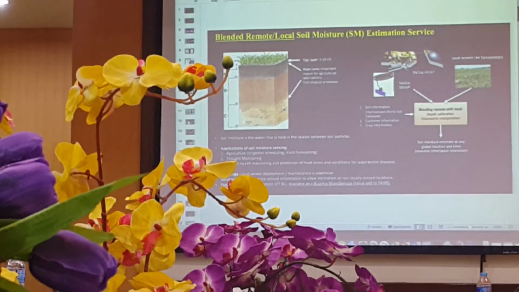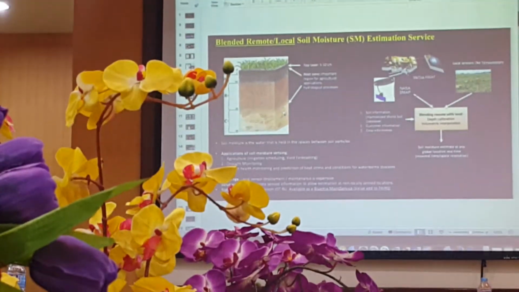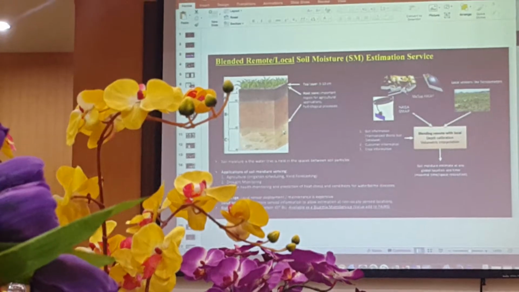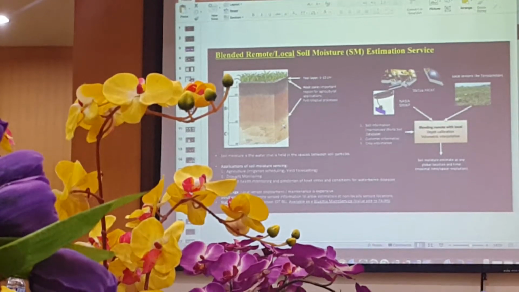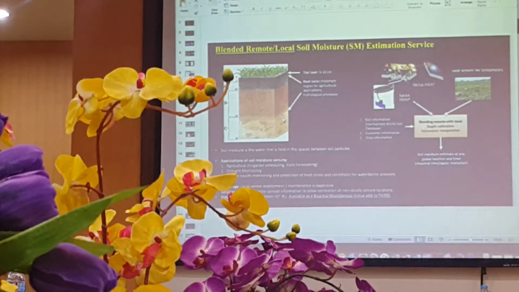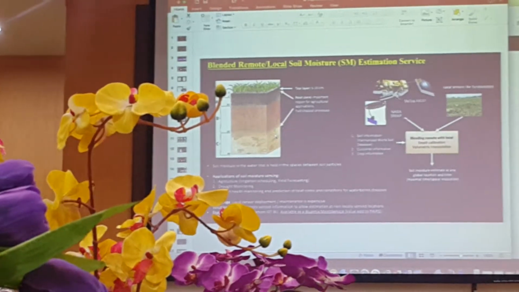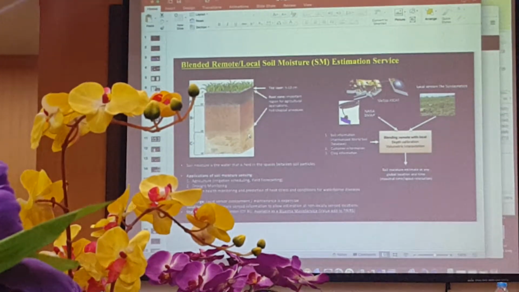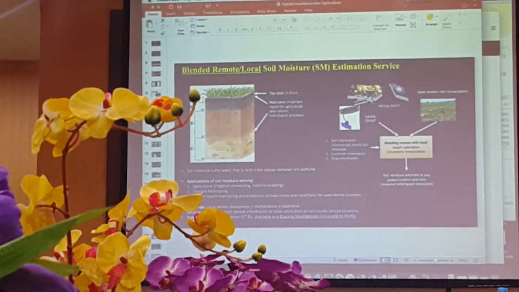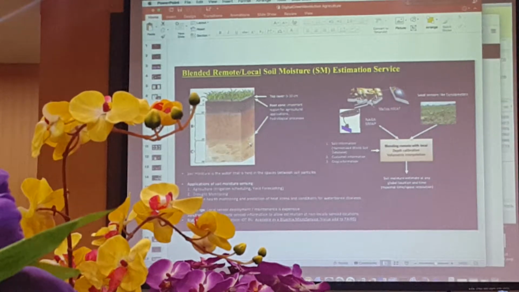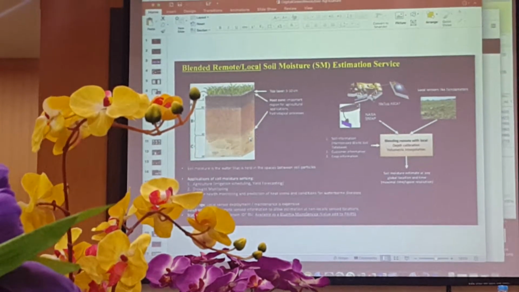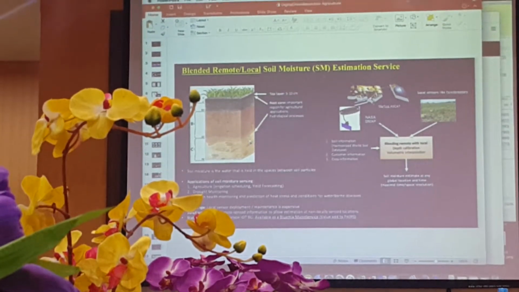And you can actually go up to the root of the crop to know how much water is there and then determine whether you want to irrigate and put more water or not. Is this from satellite information only, or do we need to install sensors in the farm or not? Yeah. You don't need to install any sensor in the farm. Yeah. Only satellite information.